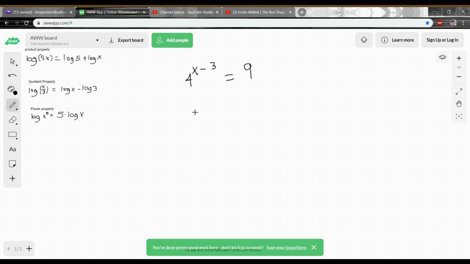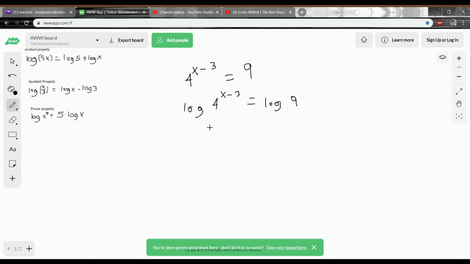So let's do that. Let's have the logarithm of 4 raised to the x minus 3 power, and then take the logarithm of the other side, that's the logarithm of 9.